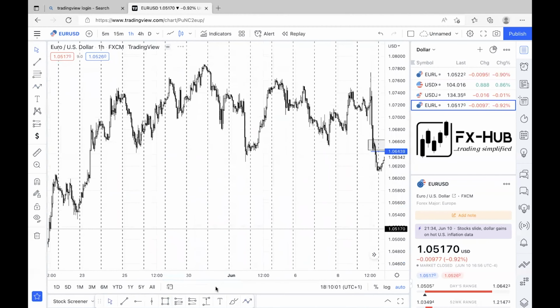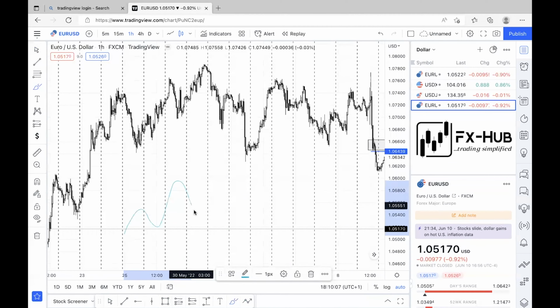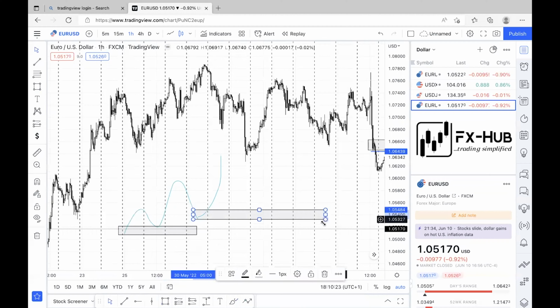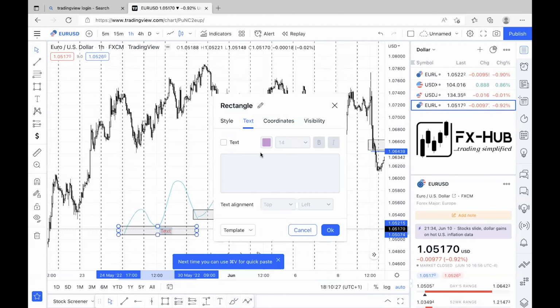Then the moment the market gets back into it and travels up, we'll say the zone has been mitigated. In a freshly created zone, something of this nature, we will say at this point the market is already mitigated because the market has stepped into it. But this very one is unmitigated because the market hasn't stepped into it yet.